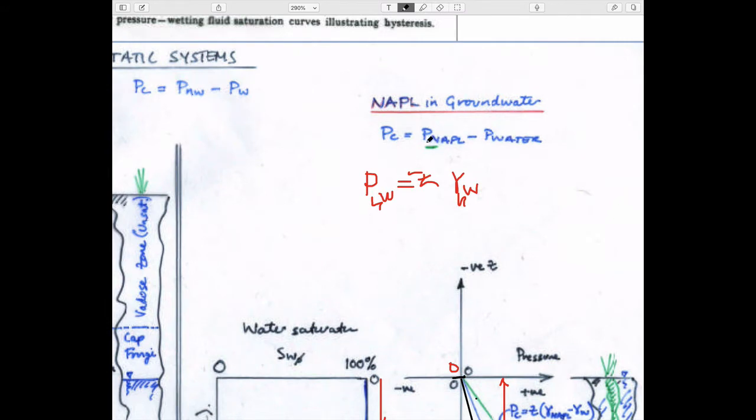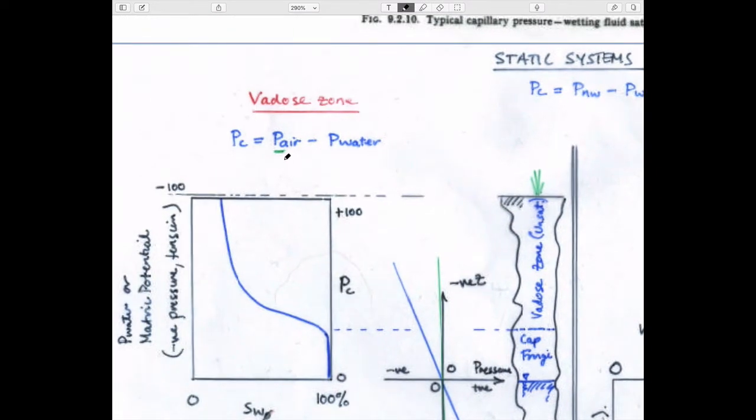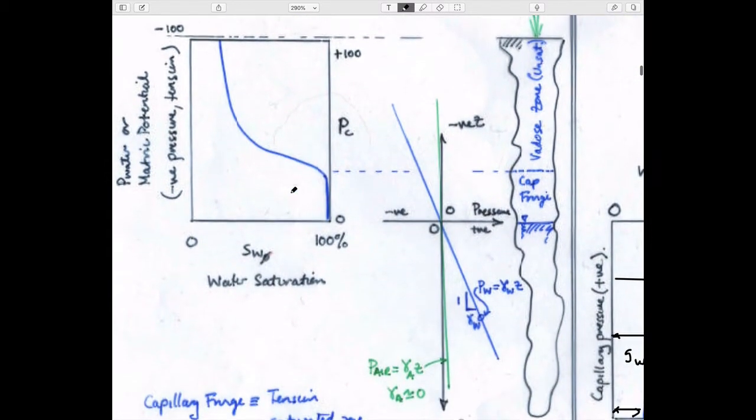Water wet, oil non-wet. If we look at an alternate system, which is an air-water system, again it's just two fluids, not two liquids. One's a gas and one's a liquid. The other ones are both liquids. The water we'll take as being the wetting fluid, and we'll take the air as being the non-wetting fluid. We can do exactly the same thing.